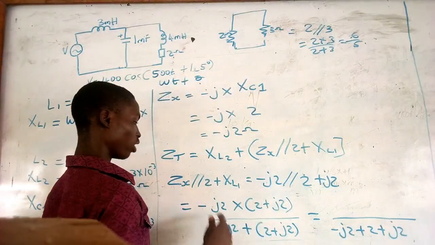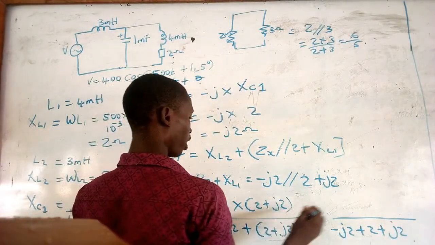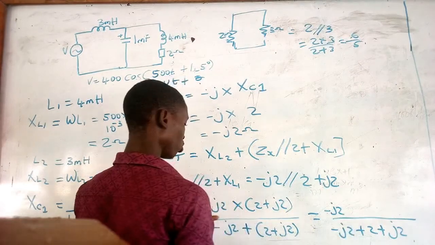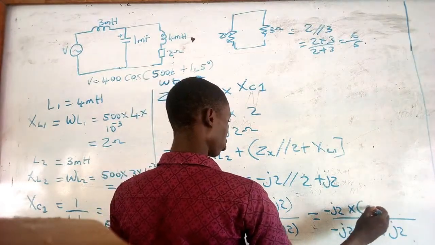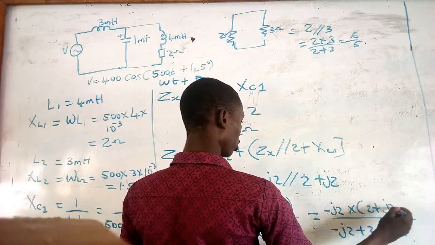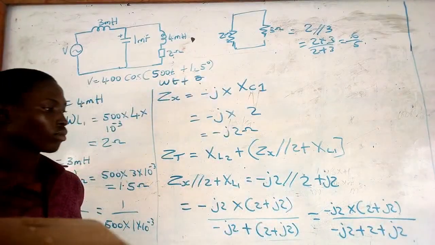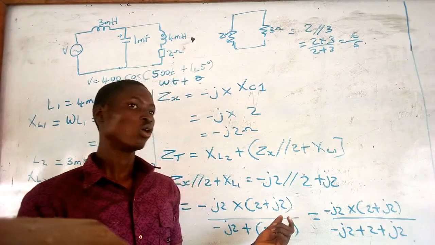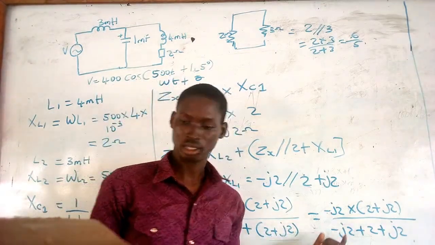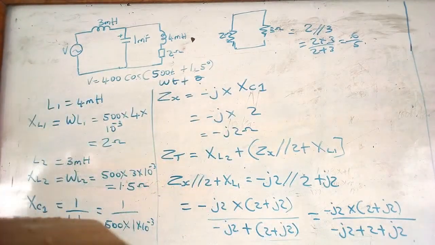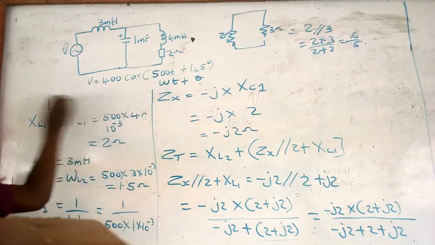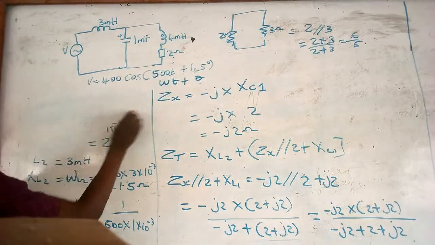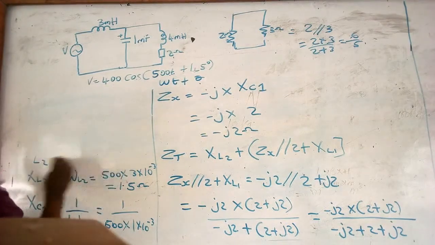And here I can always write it as minus j2 times 2 plus j2. I know most of you will be wondering, but let's keep that and continue. Before I proceed with that, let us look at some things.